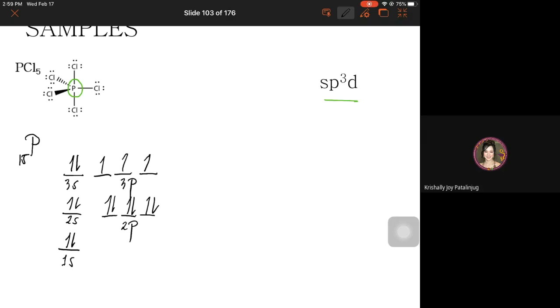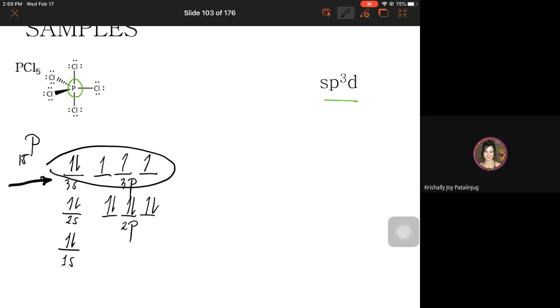Alright. Now, as you can see, the highest energy level of phosphorus is the third level. So how many valence electrons does it have? 5. 5 valence electrons for the atom phosphorus.